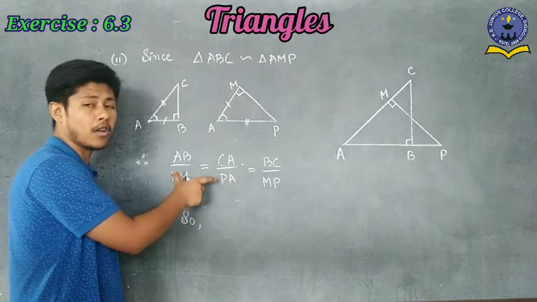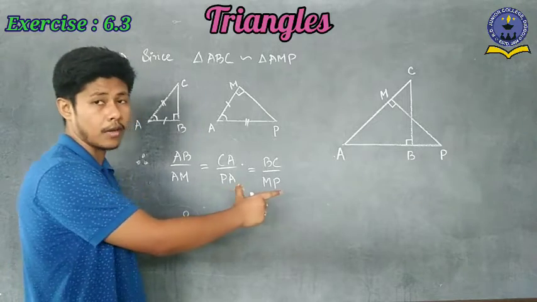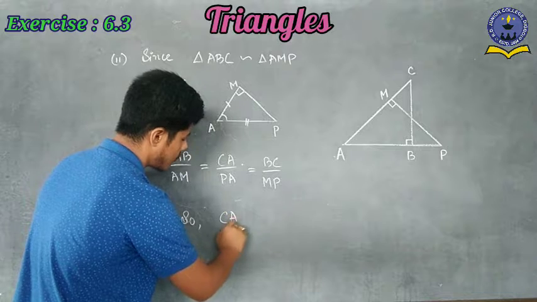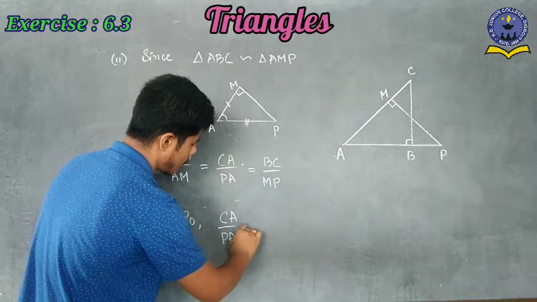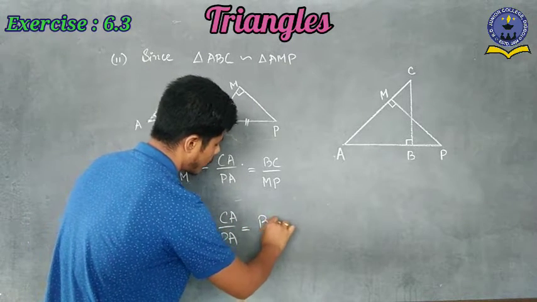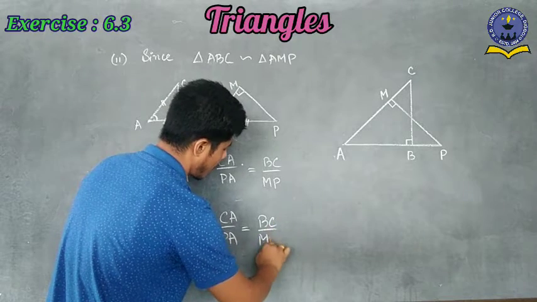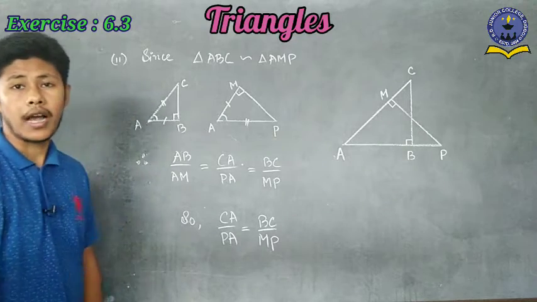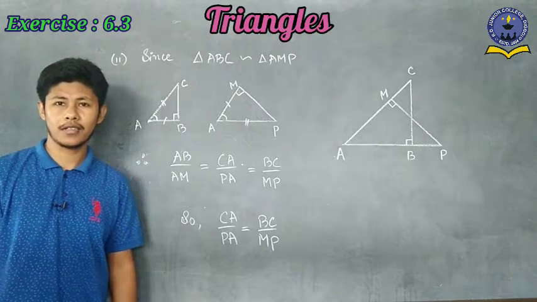If you need this one, then you write this; otherwise, you write this one. Here we actually need this part, so we write CA by PA equals BC by MP. This one is our proof. I think all of you understood this one, isn't it?